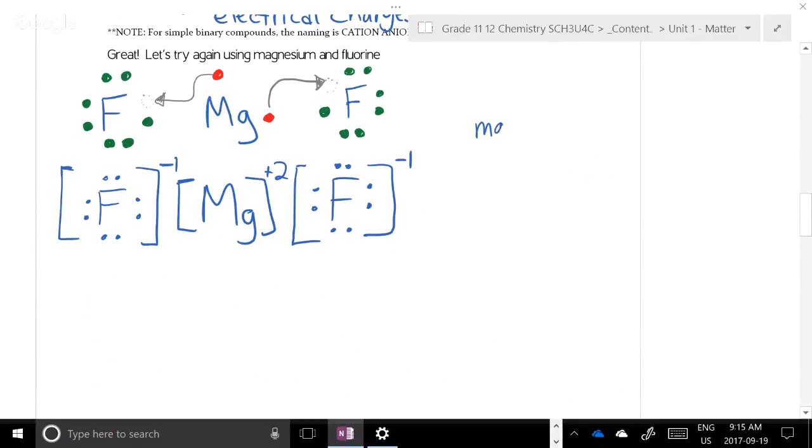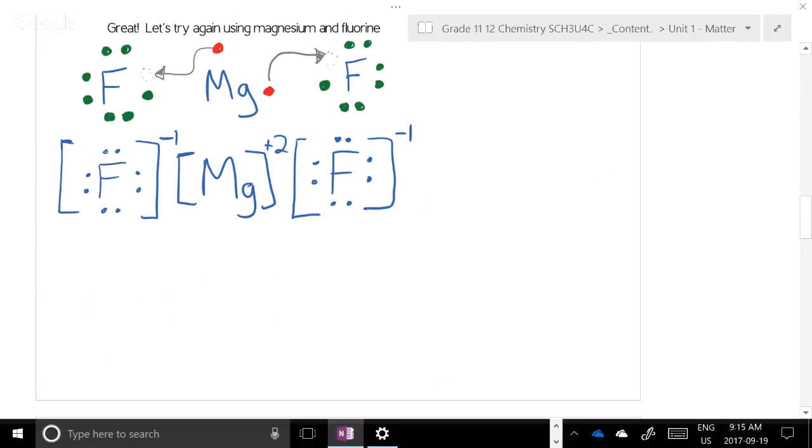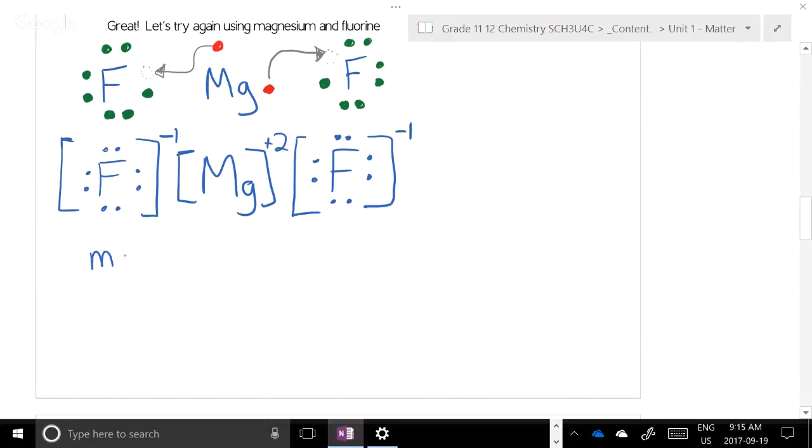Very good. The less common spelling of magnesium without an A, we would call it magnesium fluoride. Remember that the IDE tells me that it's an ionic compound, a binary compound.